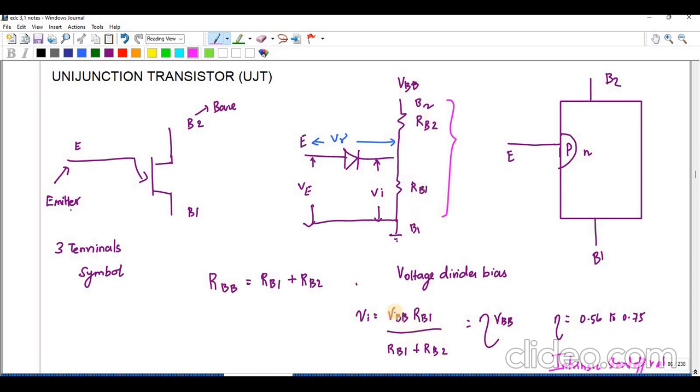This whole term I can write as the intrinsic standoff ratio. So what is the intrinsic standoff ratio? It is RB1 by RBB, where RBB is nothing but RB1 plus RB2. The value of the intrinsic standoff ratio ranges from 0.56 to 0.75.